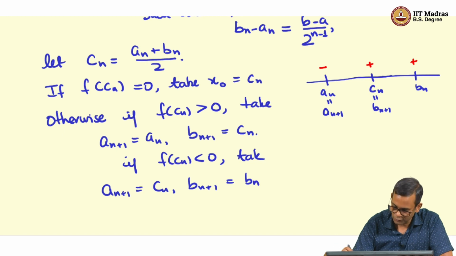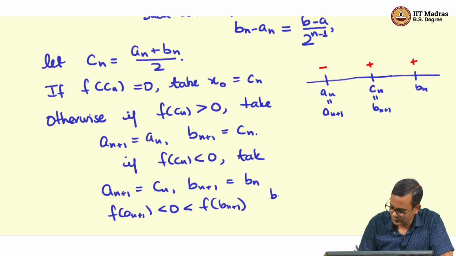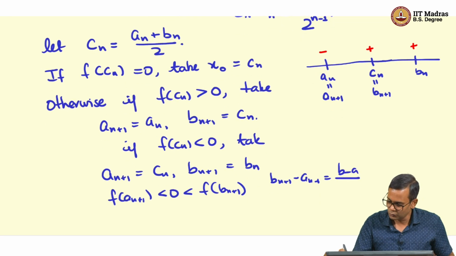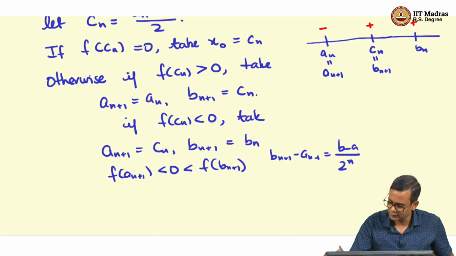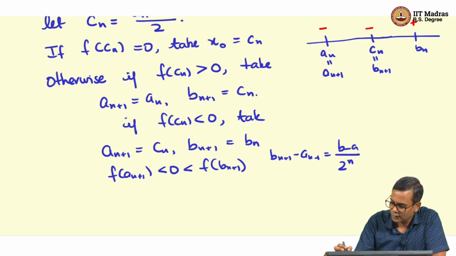And so, what we have is that f of A n plus 1 is less than 0 is less than f of B n plus 1, and of course, B n plus 1 minus A n plus 1 is equal to (B minus A) divided by 2 to the power n. And you can do the same thing in the other case where f of C n is negative. So, if f of C n were negative, then we know that the sign changes between C n and B n.